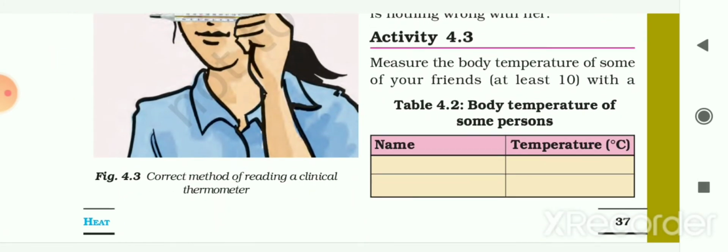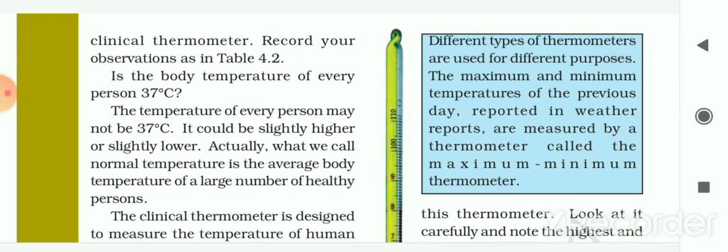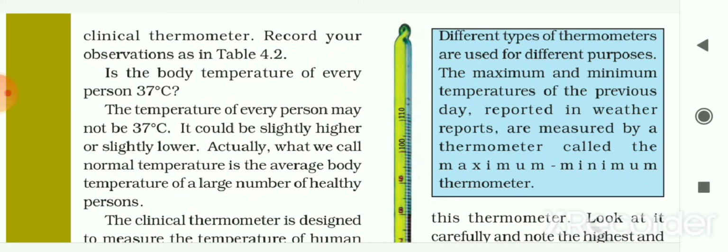Measure the body temperature of some of your friends with a clinical thermometer and record your observations in this table 4.2: body temperature of some persons, name of the person and their measurement. After that observation, check whether the body temperature of every person is 37 degrees Celsius.